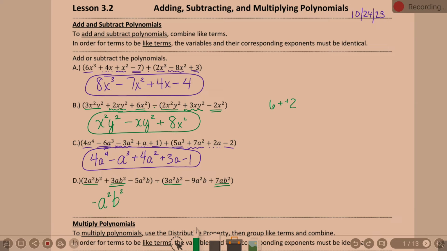Okay. So negative 4ab squared, we are subtracting. So 3 minus 7 is going to be minus 4ab squared.